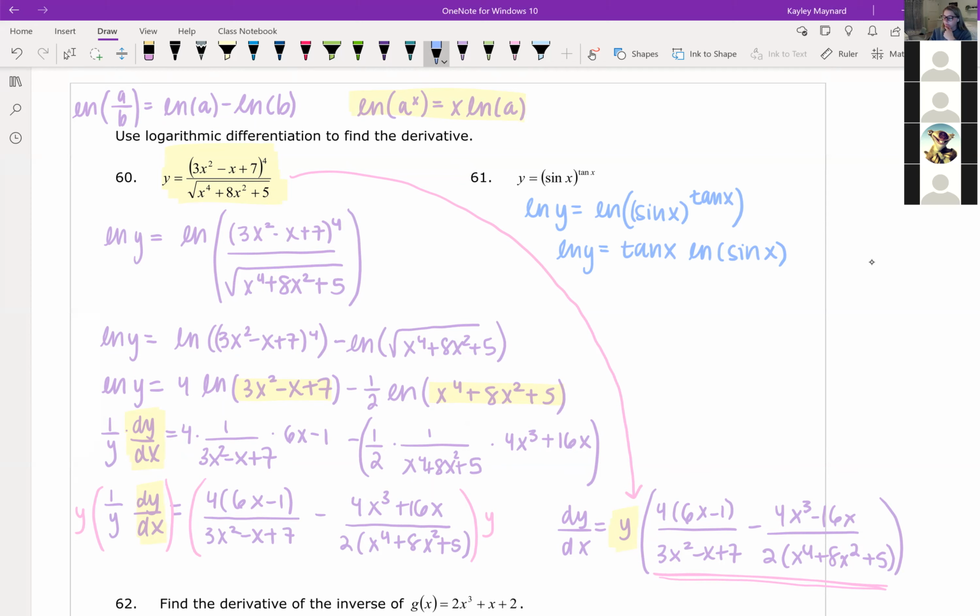So if we take the derivative of the left-hand side, which is ln of y, just like the last problem, this is 1 over y. But since we took the derivative of y, we add on the dy dx. All right, this side might look a little complicated because there's some stuff going on.